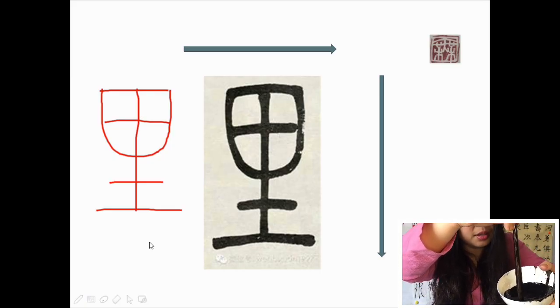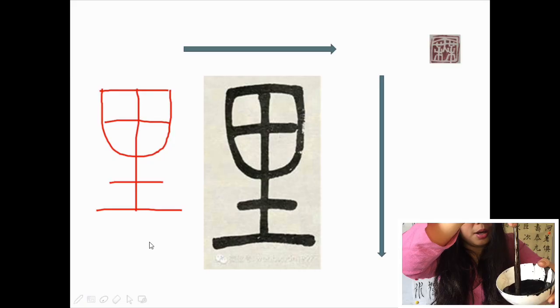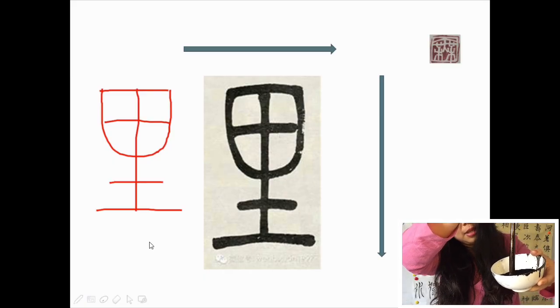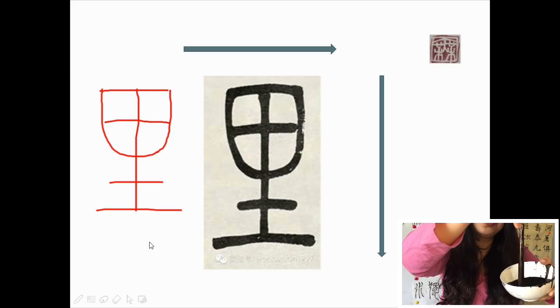Put it in for a while, and then the ink will gradually come up to the middle and the root of the brush. But don't put the whole brush into it, okay? Only 1/3. You can see the ink gradually come up to the root.